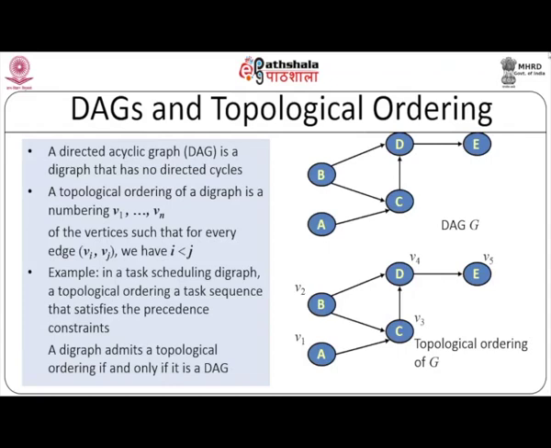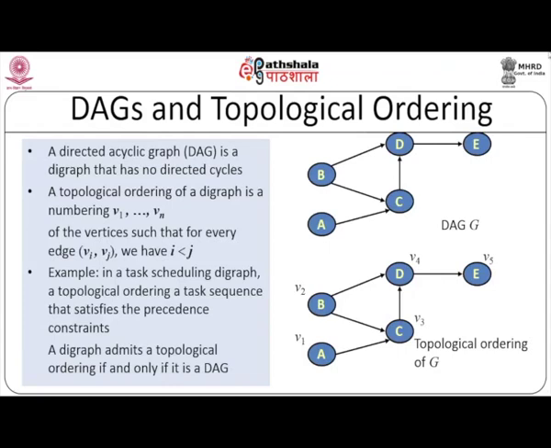One of the orders that you can have for the graph given at the top is this: V1 can be first, and V2 you can do irrespective of whether you finish V1 or V2. So V1, V2 is fine, but in order to do V3, you must have done V1 and V2. If you finish V2 and V3 only, you can finish V4, and after V4 only you can finish V5.